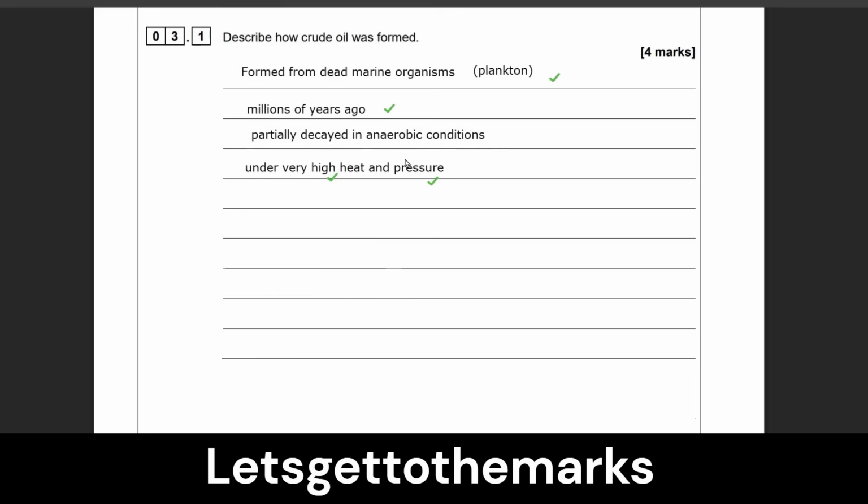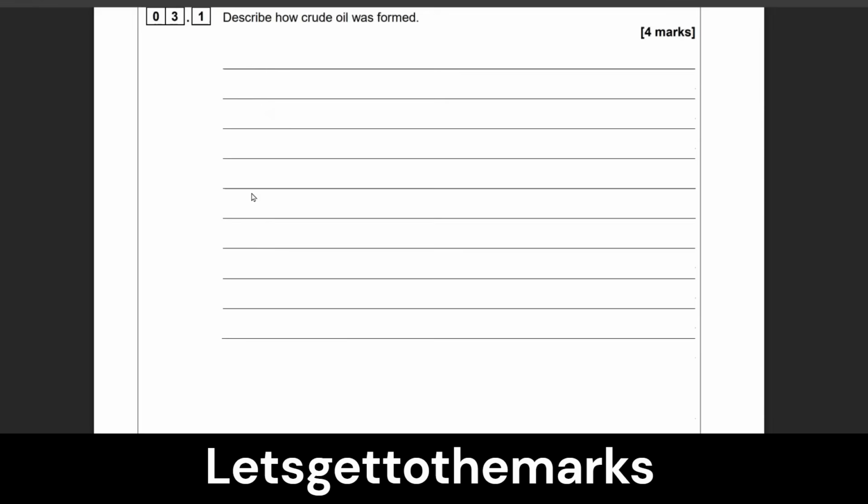I'd have to check the mark scheme, folks. But this is the kind of thing I would want to put in my revision card. So they're made from dead sea organisms or marine organisms millions of years ago that were trapped under rock, and so no oxygen. We can just say decayed in anaerobic conditions without oxygen under very high heat and pressure because they're underneath loads of rock. So it's hot and high pressure. Boom, four marks.